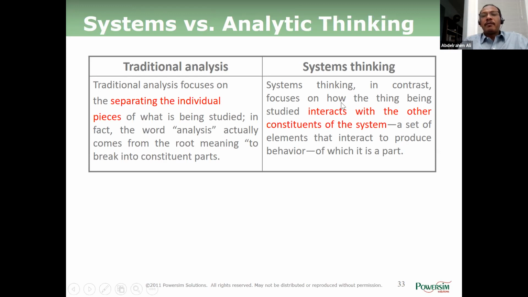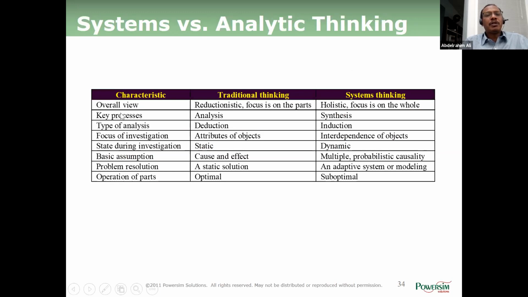In systems thinking, the focus of what is being studied is the interaction between the constituents of the system, the elements, and the behavior produced by these relationships. In general, you can think of it as the overall view. Here we focus on the part, here we focus on the whole.